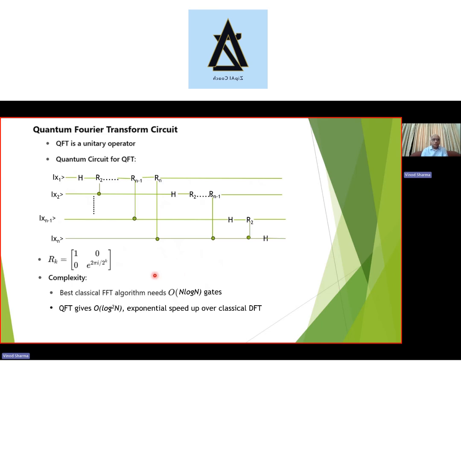The complexity of this QFT with respect to FFT is as follows. The best classical FFT algorithm needs of the order of n log n gates. QFT requires of the order of log squared n. So compared to this, you get an exponential speedup over the classical FFT.